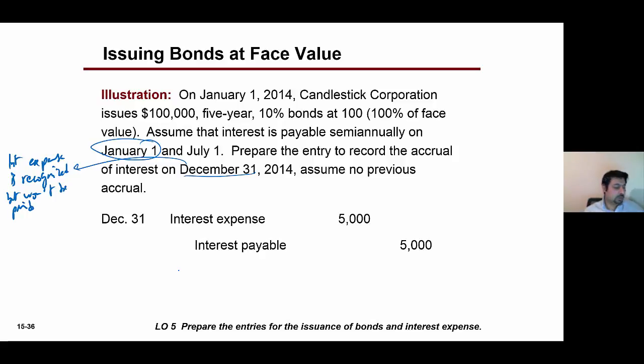They are not going to pay it, so they will simply credit it to interest payable. So far, this is issuing bonds at face value, because here it was issued at 100, which means at 100%.